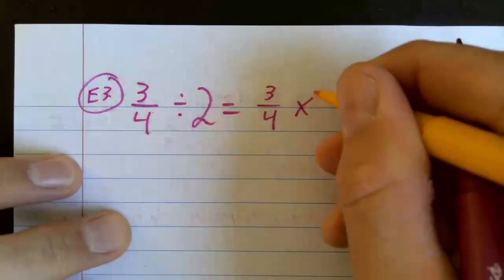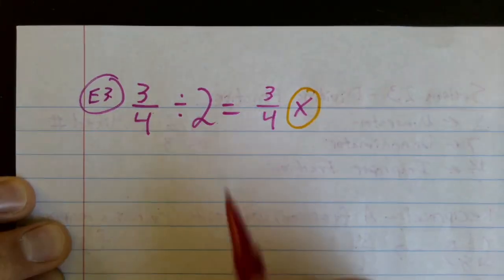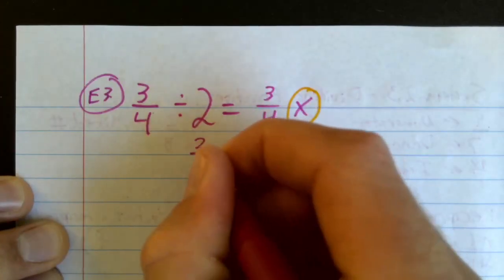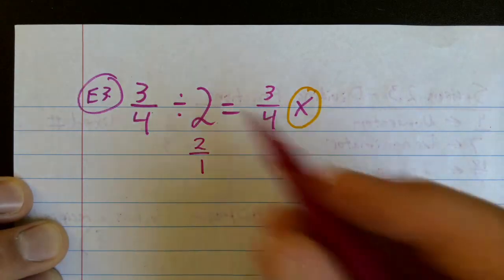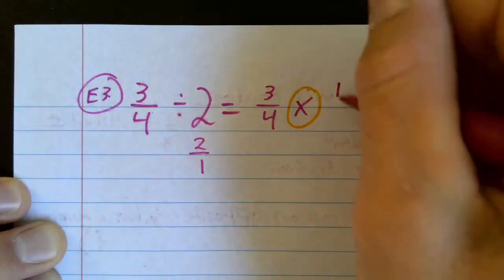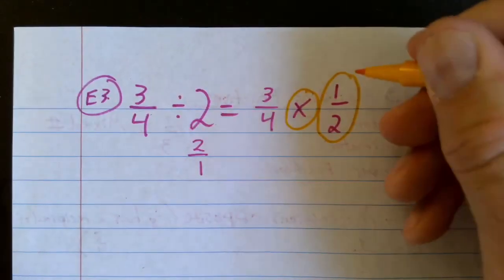A whole number 2 is equivalent to 2 over 1, so we multiply by its reciprocal, 1 over 2.